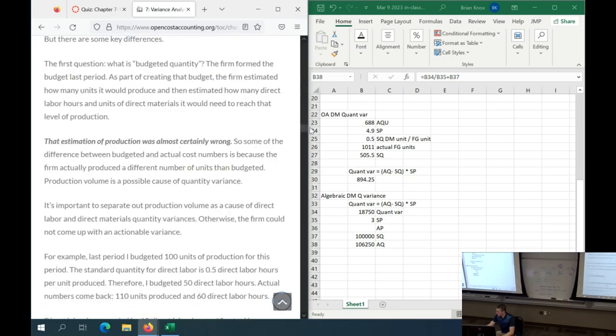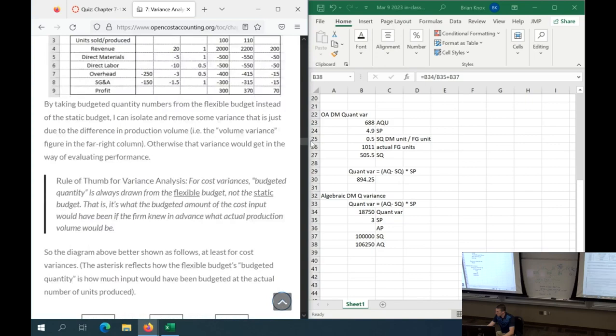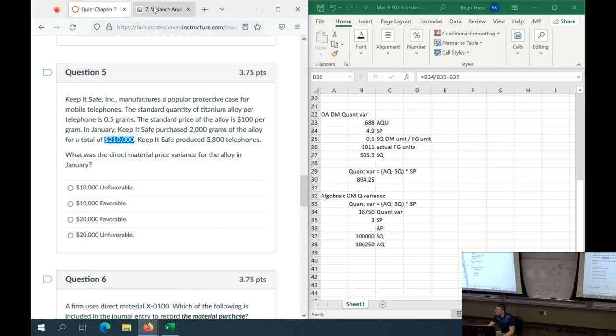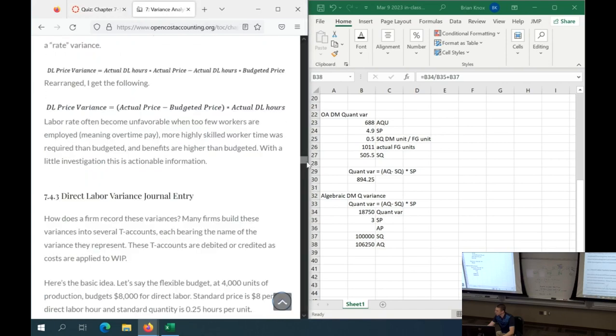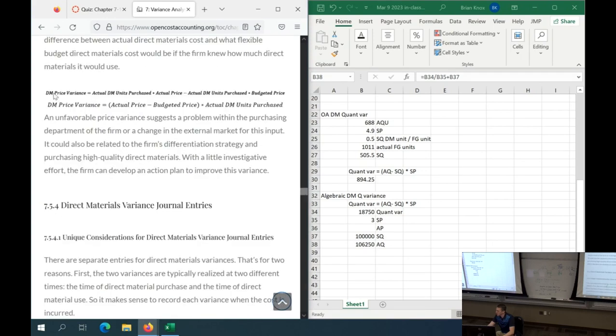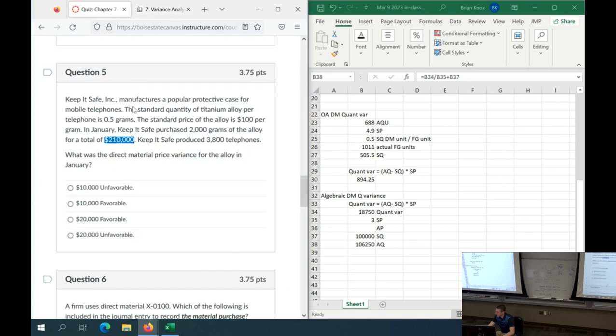Each of these variances has two formulas. Now we're doing direct materials price variance. So we have this full actuals, that's the rectangle on the far left, full actual quantity times actual price, minus this quasi-budget, actual quantity times standard or budgeted price, this middle rectangle. So we could just plug in $210,000 here because I gave you that in the problem.